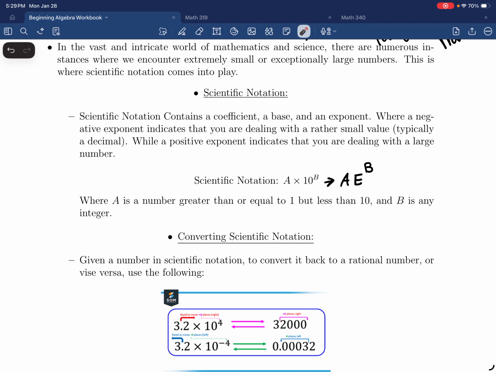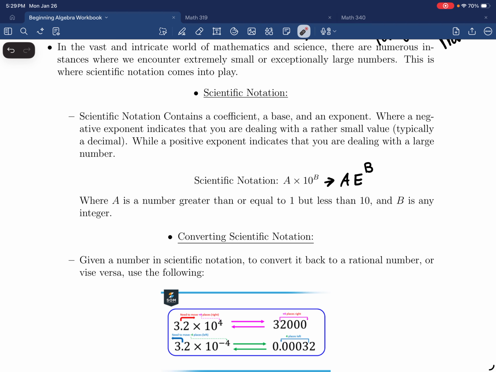Alrighty, so let's take a look at how to convert numbers to scientific notation and how to convert scientific notation back to its original form. You can use this diagram. Let's say we have something in scientific notation with a positive exponent. That means we're going to move the decimal to the right.